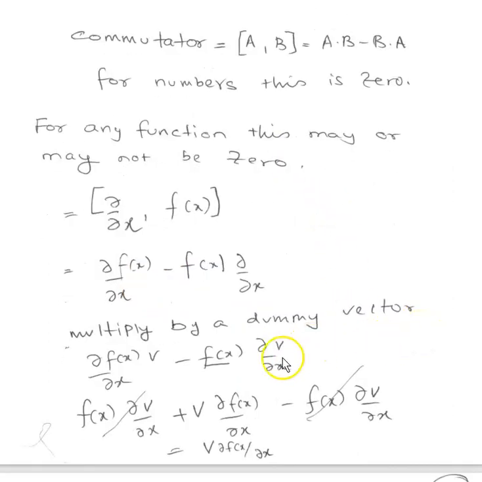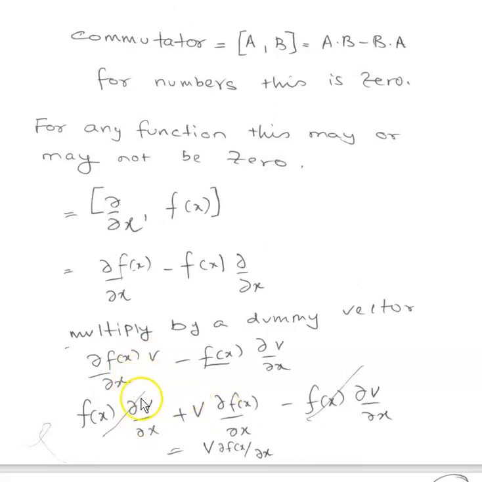And then we multiply this by a vector v. So ∂(f(x)v)/∂x minus f(x) times ∂v/∂x. Here you have two functions under the ∂x, so we can take f(x) times ∂v/∂x plus v times ∂f(x)/∂x.